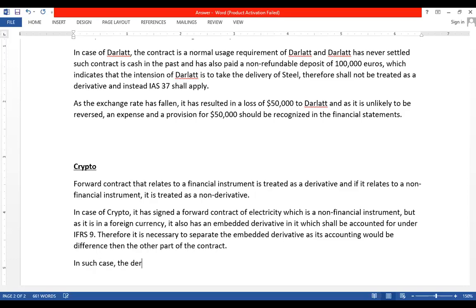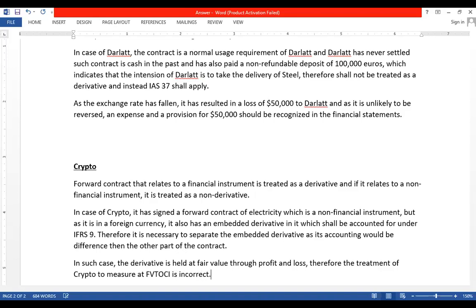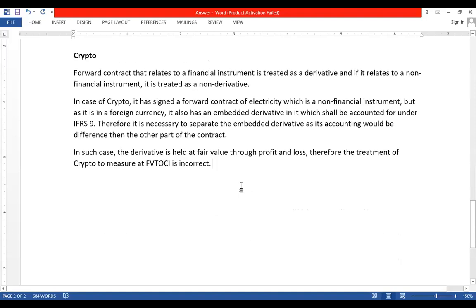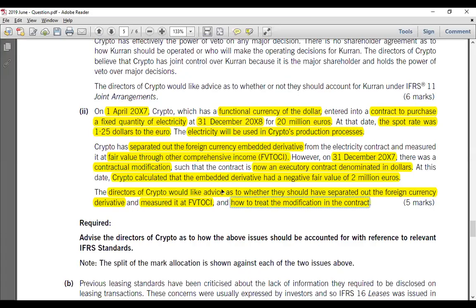In such case, the derivative is held at fair value through profit and loss. Therefore, the treatment of crypto to measure at fair value through OCI is incorrect. So we have answered two parts of the question. That should it be separated out? Yes, it should be separated out. Should it be measured at OCI? No, it should not be measured at OCI.